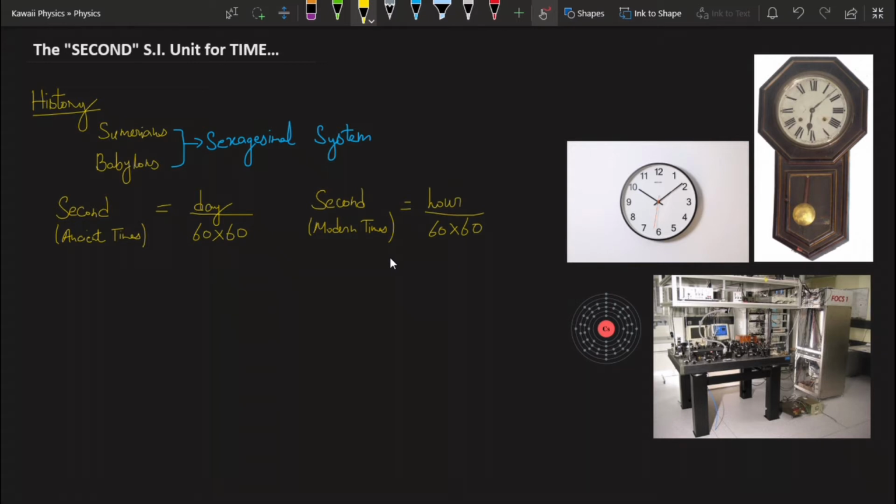So now we're gonna talk about the era of mechanical clocks. I'm gonna write it in red, main heading, mechanical clocks.